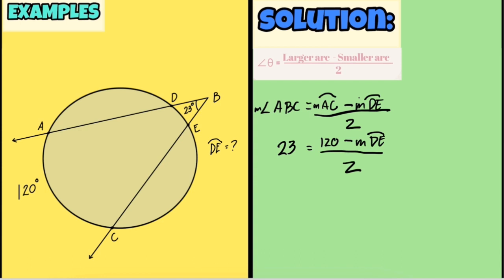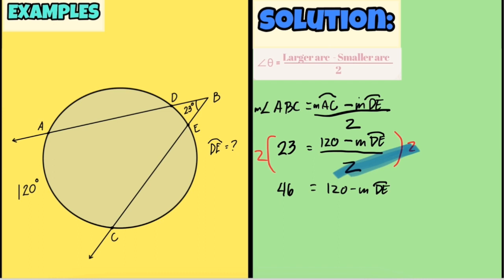So all you have to do again, first multiply both sides by 2 so that we can eliminate the denominator here. So we're gonna have 2 times 23, that gives us 46, equal to, again, just simply cancel this out, and then you will have 120 minus measurement of arc DE.